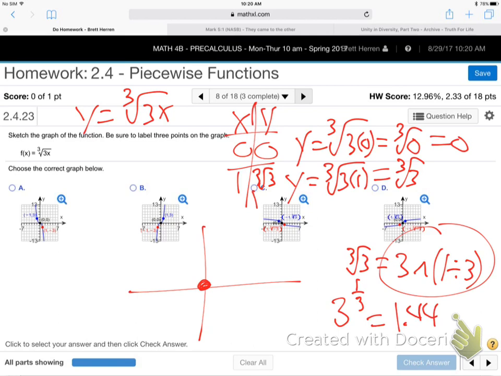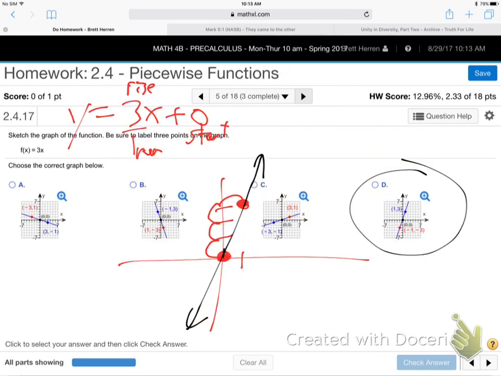So that's 1.44. So that means it's over 1, up, like here's 1, here's 2. It's about right there. Just under 1.5. So, okay, there we go. It's right about there. So what does that mean about the graph? Well, what kind of graph is the cube root? Here's the sideways snake.